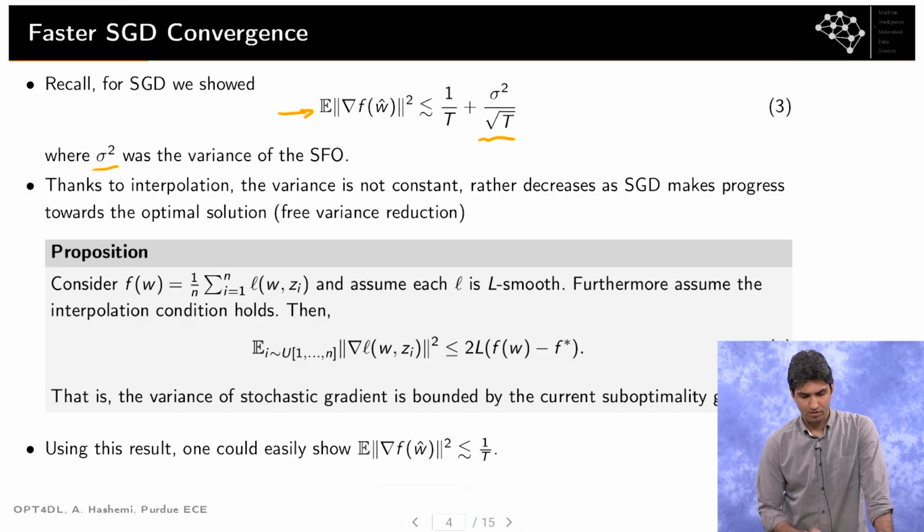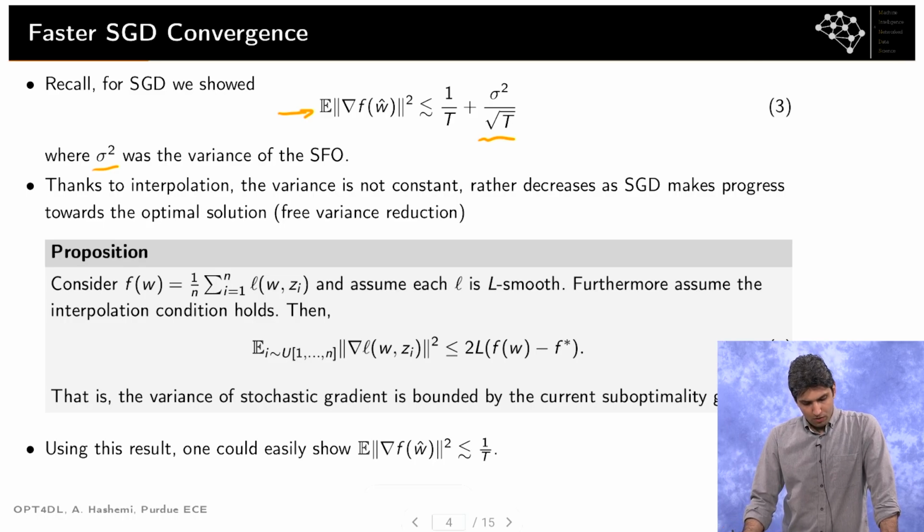So the variance is not constant, rather it decreases as the algorithm makes progress. Okay, so there is therefore a virtuous cycle, right? The algorithm makes progress, the variance reduces, which means that the algorithm is going to progress even faster. And we keep doing so until we converge to a first order solution.